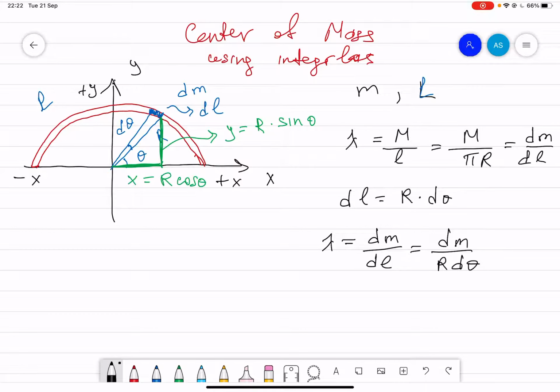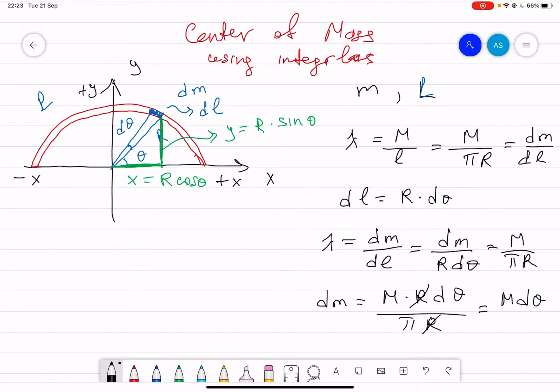Then since the total mass M is given, and the length is pi r, as we solved in the previous problem, we can find dm. dm will be equal to the mass times r times d theta divided by pi r. So the r cancels with r, and we have dm equals M d theta divided by pi.